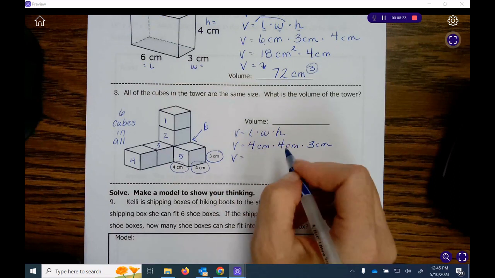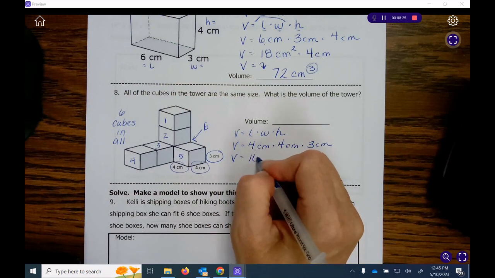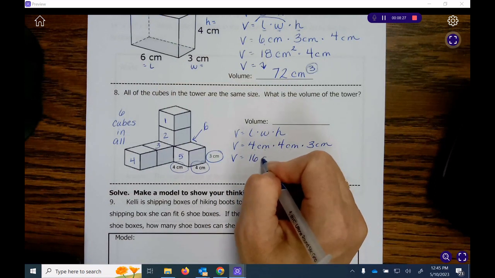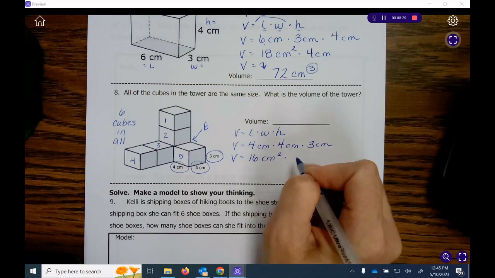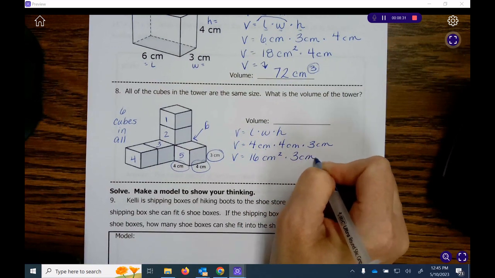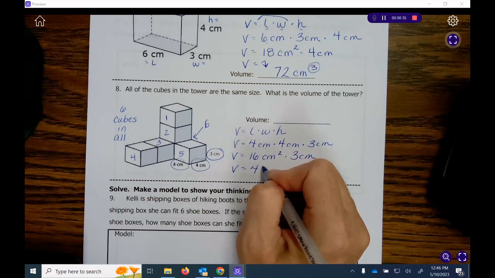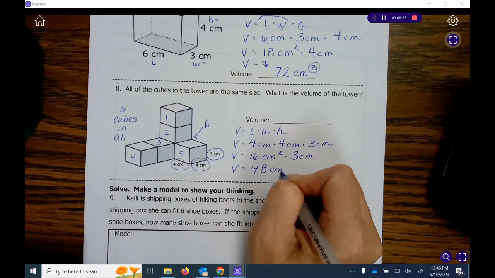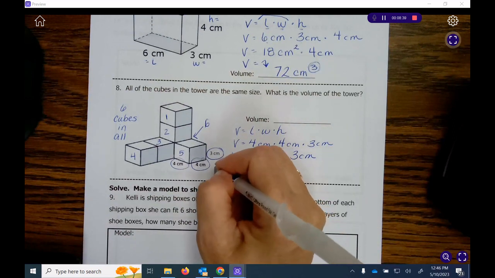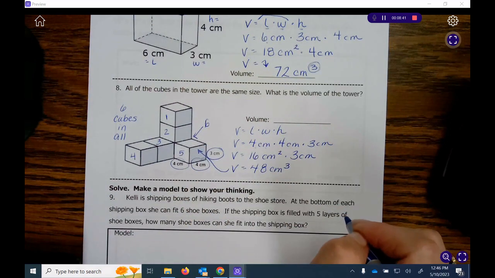Volume is going to equal 4 times 4 is 16. Centimeters times centimeters is centimeters squared times 3 centimeters. So volume equals 48 centimeters cubed.